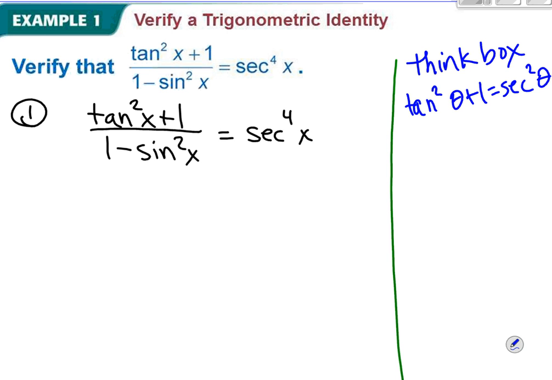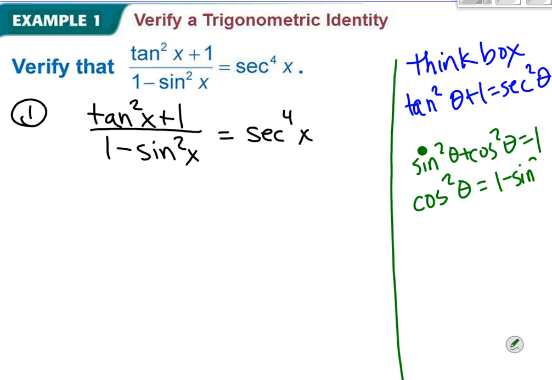So that's one identity, and I'm going to use that for the top. Then on the bottom, I have 1 minus sine squared, but that comes from sine squared theta plus cosine squared theta equals 1. And so if I subtract sine squared, I get cosine squared theta equals 1 minus sine squared theta.